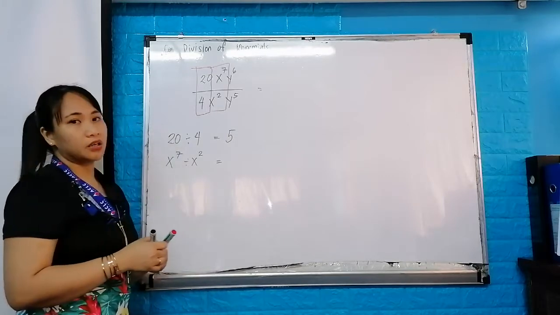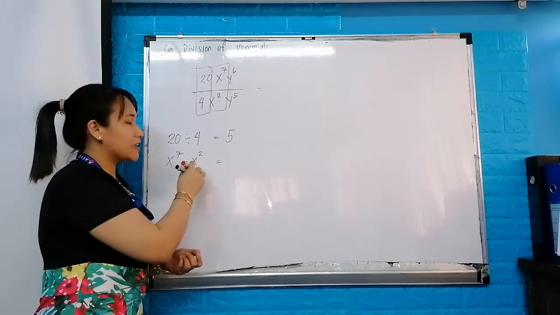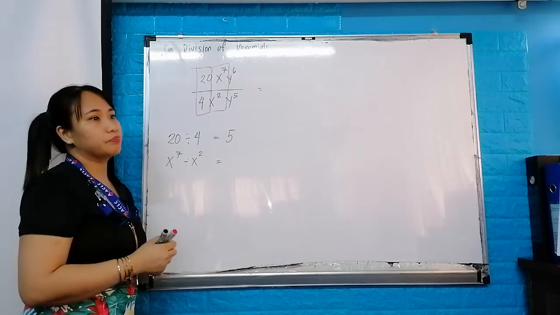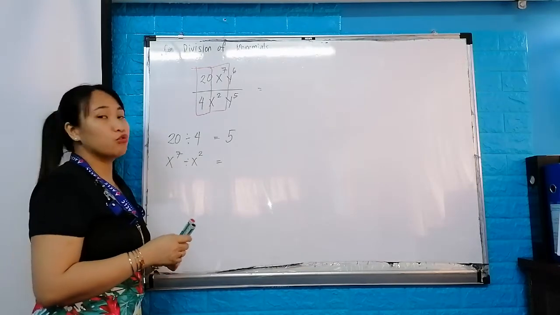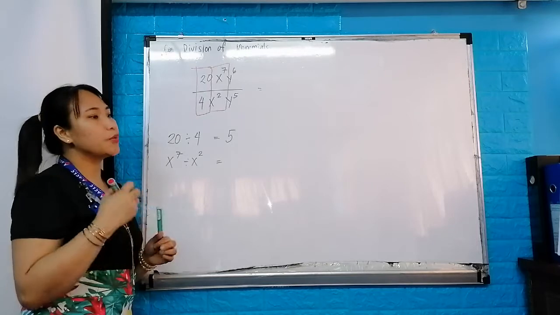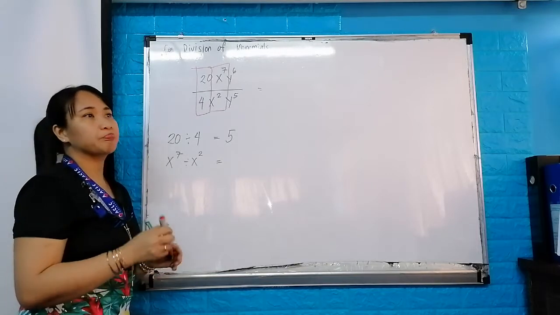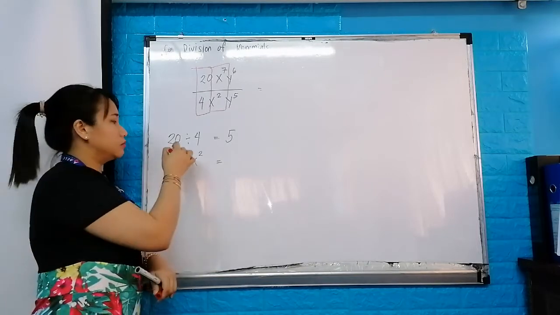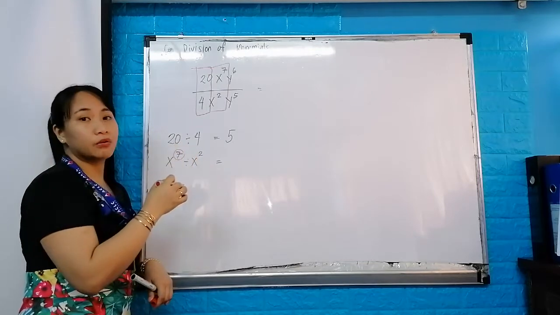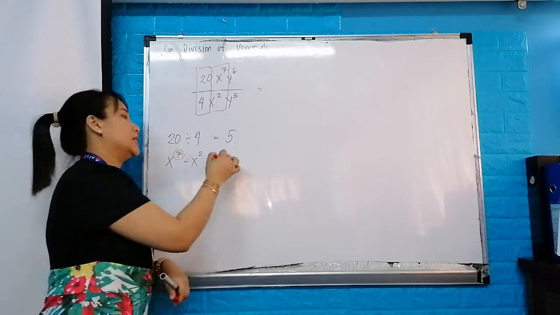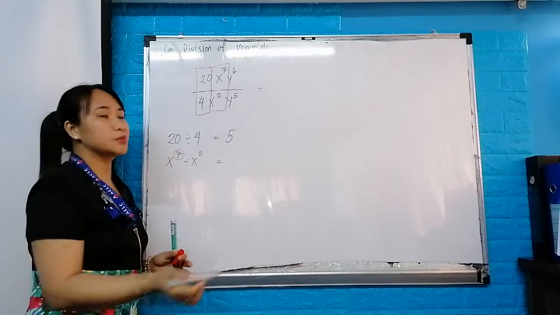How about your second term? Your second term is x squared, so the power or the degree is 2. When you divide a particular variable, you need to keep an eye on your degree. So 7, and then you subtract.